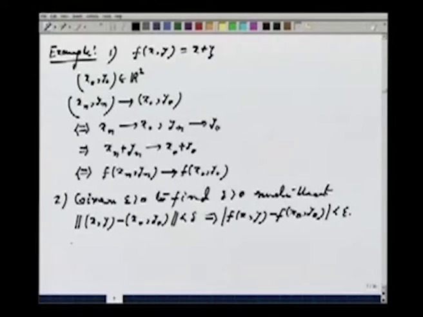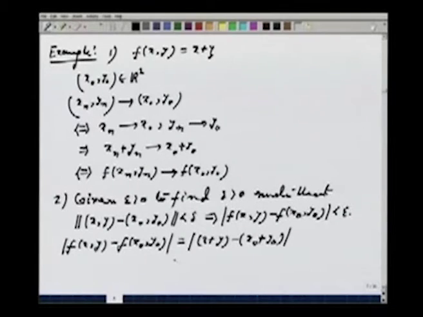So I start experimenting with modulus of f(x, y) minus f(x naught, y naught). This simply turns out to be modulus of x plus y minus (x naught plus y naught), which is modulus of (x minus x naught) plus (y minus y naught), which is anyway less than or equal to modulus of x minus x naught plus modulus of y minus y naught.